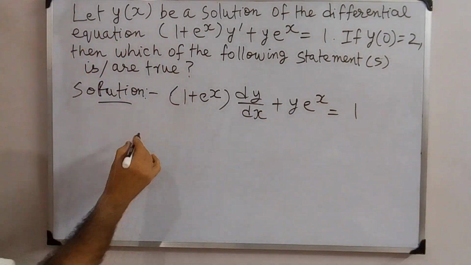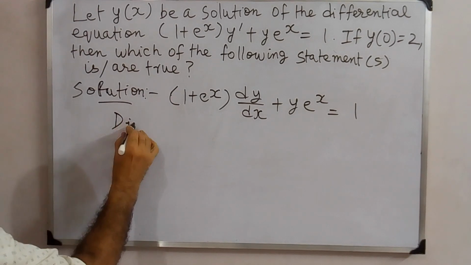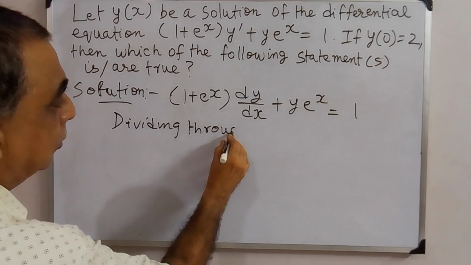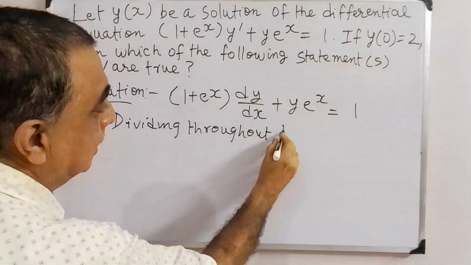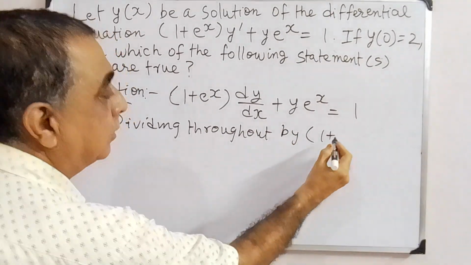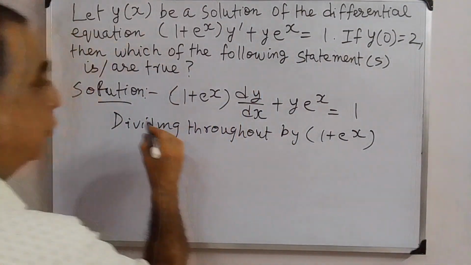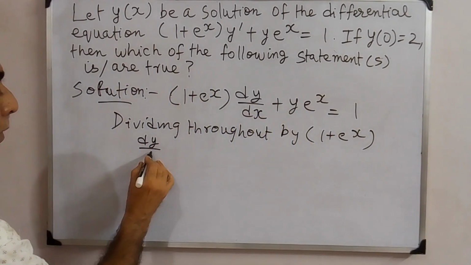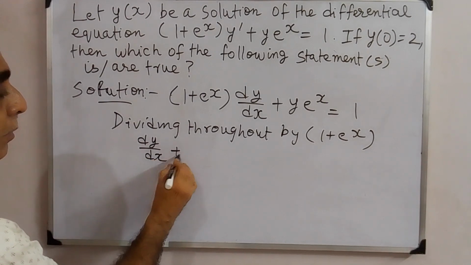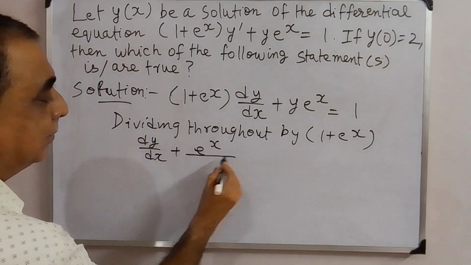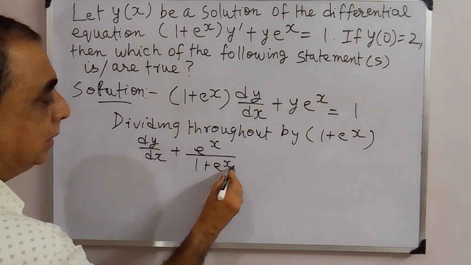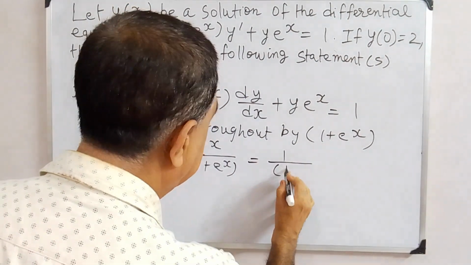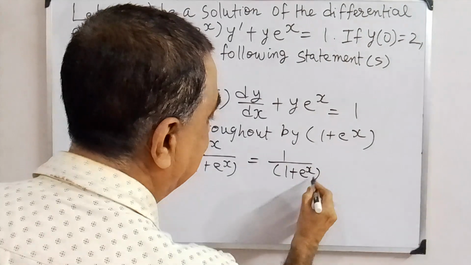Now dividing throughout by 1 + e^x, this will cancel out, so we will have dy/dx + (e^x / (1 + e^x)) y = 1 / (1 + e^x).